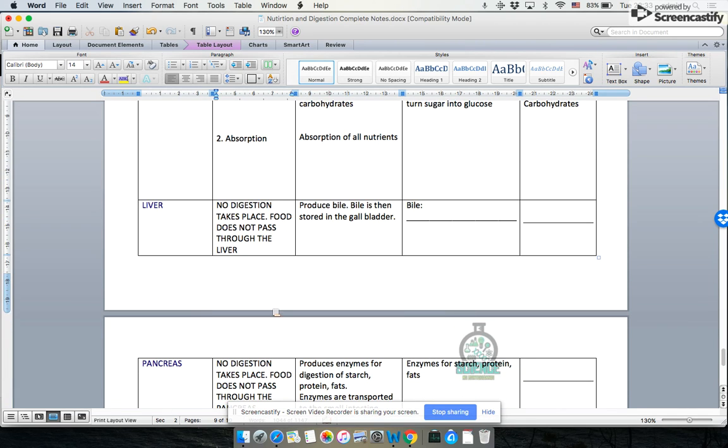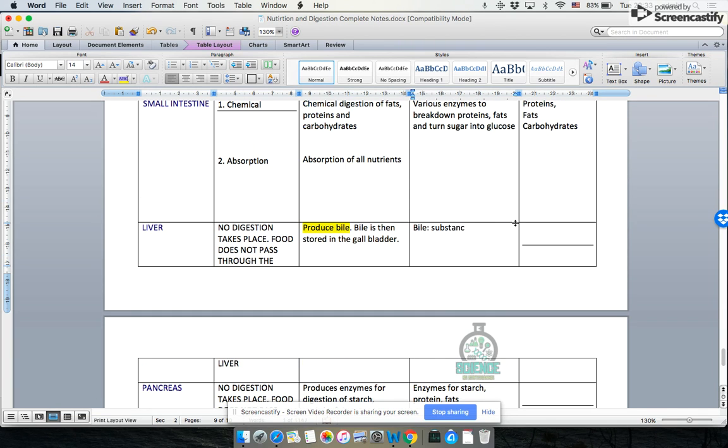The liver is one of those secondary organs that the food doesn't necessarily pass through, but the liver is important because it produces bile. Bile is then stored in the gallbladder. Now, what is bile? It's basically a substance that's created in the liver, and it helps break down fat.